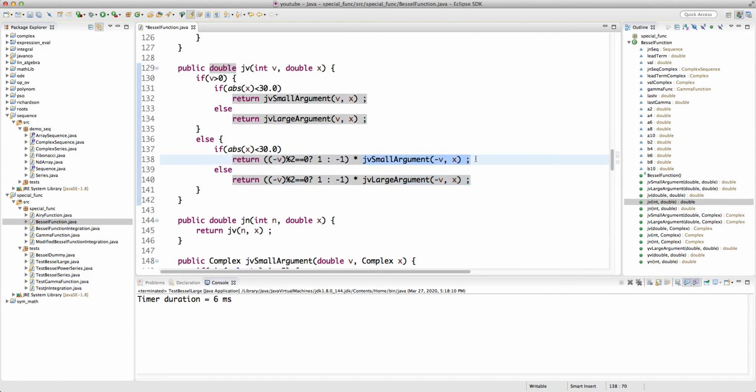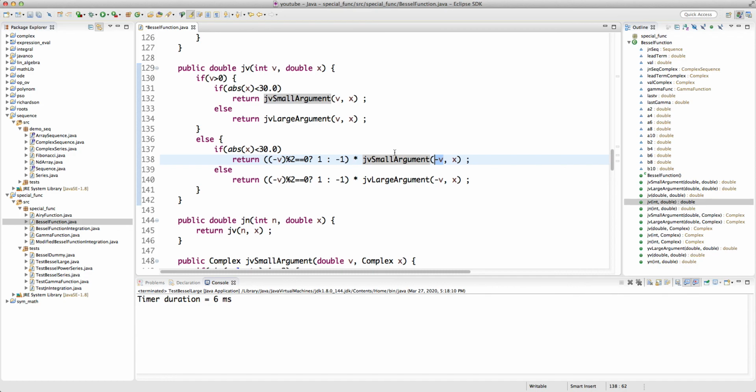What we can do, and this is not necessary, is say that if nu is an integer, then j minus nu becomes minus 1 to the power of nu, which is plus or minus. So I'm checking whether minus nu, which is a positive integer, is an even or odd number, and then I calculate the positive index of the Bessel function. It's not necessary, but we can do it.